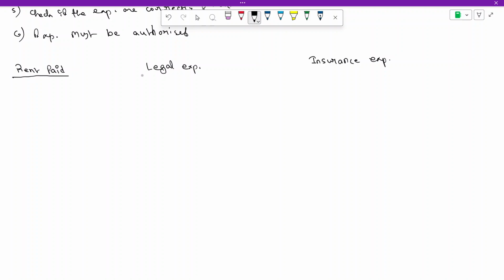For rent paid, examine the rent agreement. It is all common sense. Okay.